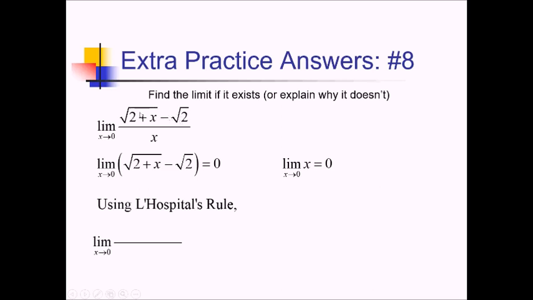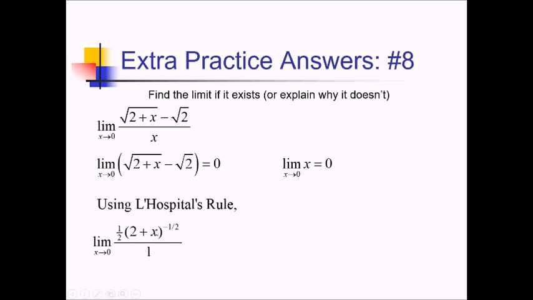But this expression with the 2 plus x, I can think of this as really being (2 plus x) to the 1/2 power. The derivative of that is going to be 1/2 times (2 plus x) to the negative 1/2. And there's no tail to worry about because the derivative of 2 plus x is just 1. So it's kind of an invisible chain rule. Now taking a look at the denominator derivative, the derivative of x is just 1, so that's not so bad.